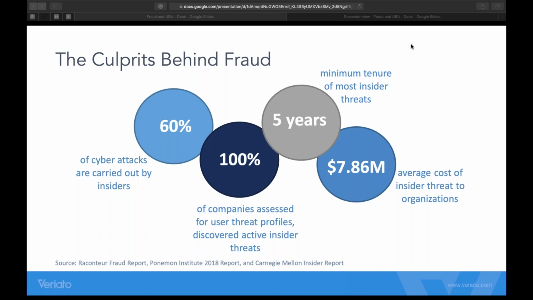Now, this notion that 100% of companies have active insider threats, I'd be curious to see what others think about this. So feel free, if you're listening and have comments or questions, to add any of those in. But the idea is, if you're working with human beings, there is always going to be an insider threat.